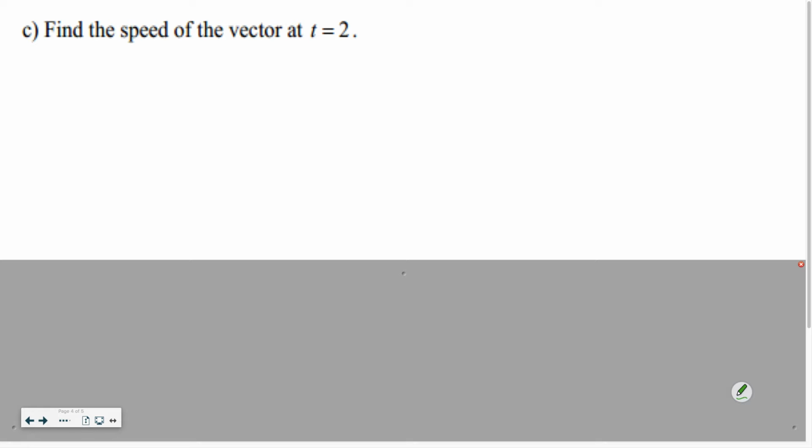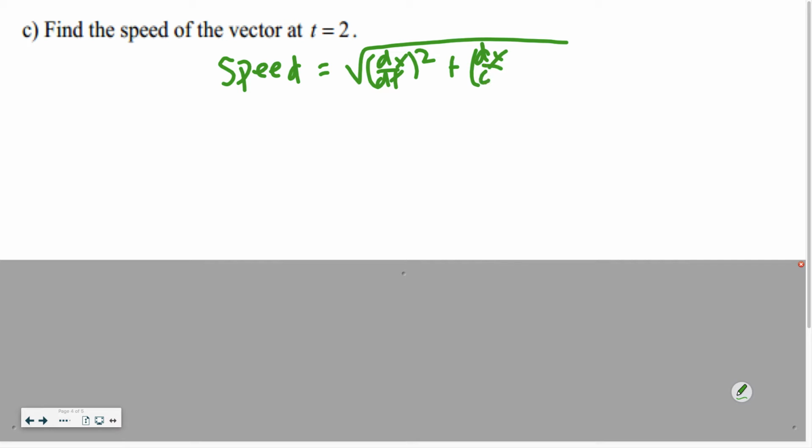Okay? Don't write this down, but remember from a week ago that speed is the square root of (dx/dt) squared plus (dy/dt) squared. We have those already.